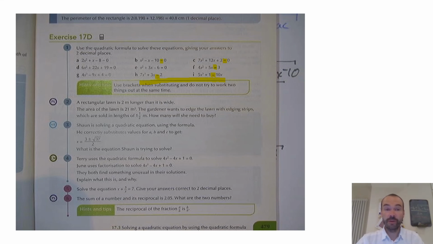And to check them, let's say you wanted to check your answer to C. Go on Desmos and type in y equals 7x squared plus 12x plus 2 and see where that graph crosses the x-axis, and it should be the same as the roots you get when you use the quadratic formula.